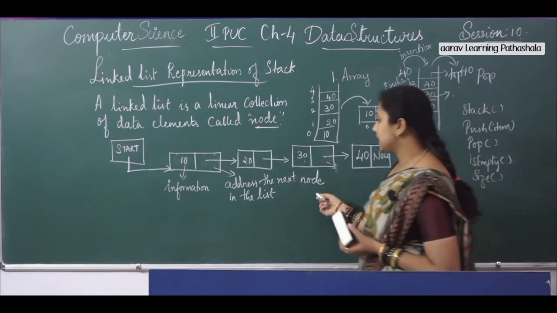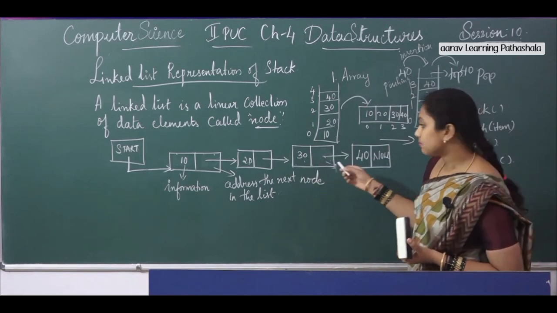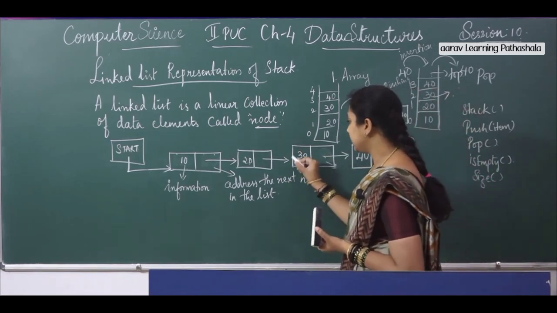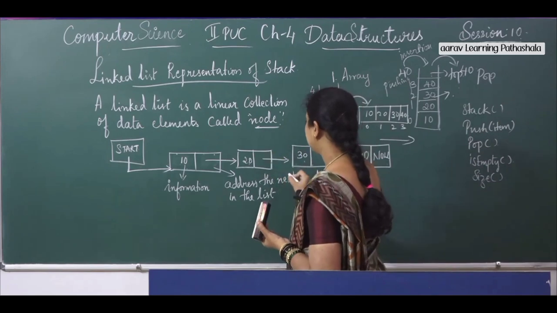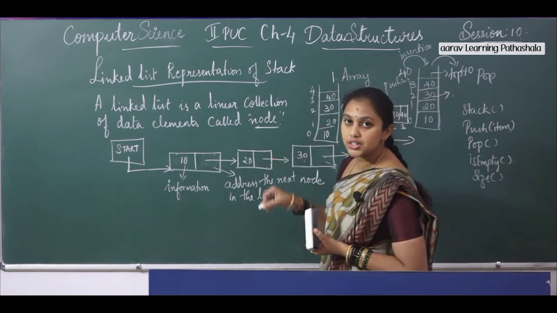But in a linked list, I can directly delete this item by providing the link of the last node to the previous node.